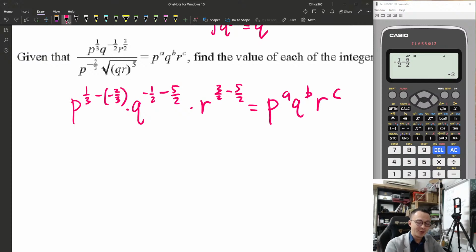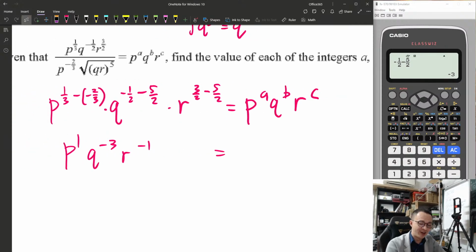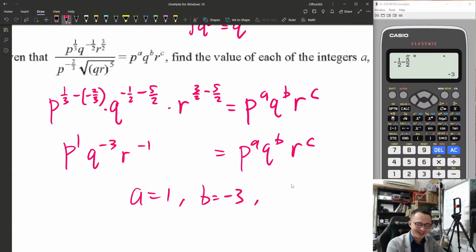By doing this, I can easily write down my answer. So this is p power 1, q power of negative 3, and r power of negative 1. The question asks you to find the value of a, b, c. So I got a is 1, b is negative 3, c is negative 1.